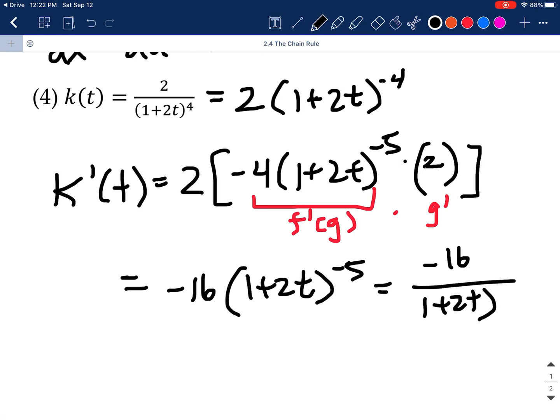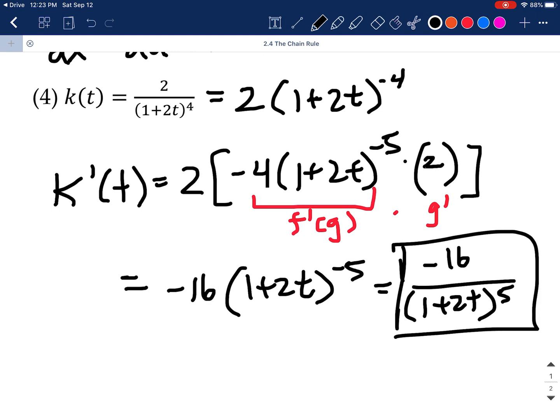Totally up to you. Both forms would be equivalent. Doesn't matter which one you use. But the key here is to avoid using the quotient rule, because the quotient rule is just going to add more time to compute. So this technique of changing that to a negative exponent expression in the numerator is a very useful tool. And again, that's our derivative.